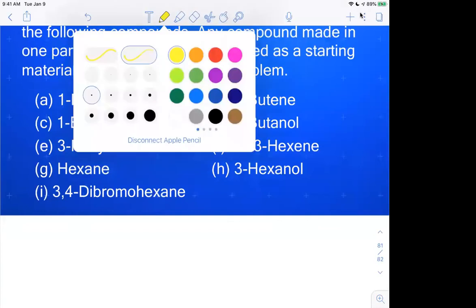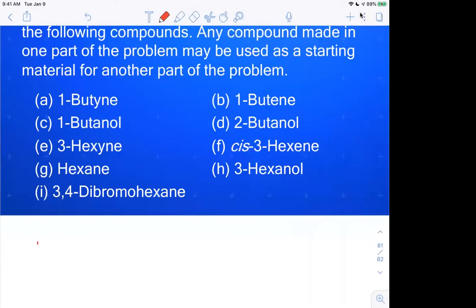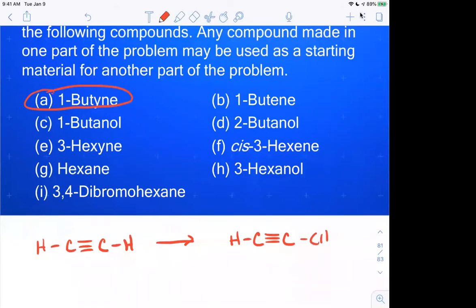Let's say I have acetylene. And think about this. I want to go to 1-butyne. So 1-butyne is this. Notice I replaced this hydrogen with a CH2CH3.